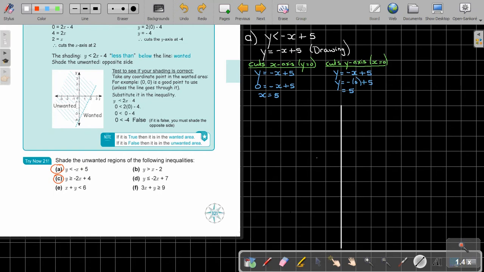I think it's going to work like this. So I'm just going to mark it, 1, 2, 3, 4, 5. 1, 2, 3, 4, 5. And now I'm just going to draw a line. That's 5 and 5. I want to take another color.